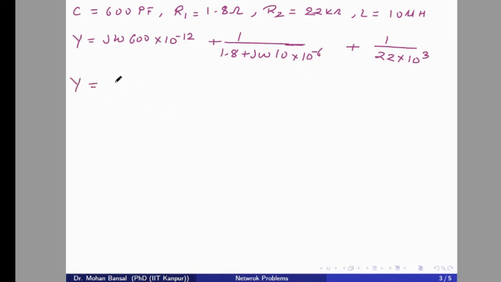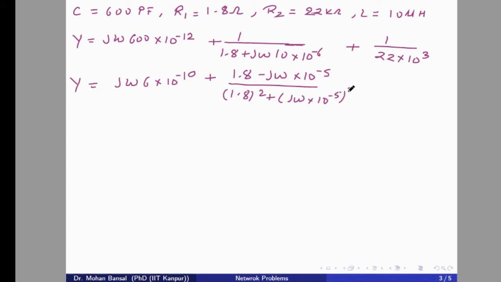We get Y equal to j omega 6 into 10 to the power minus 10 plus 1.8 minus j omega into 10 to the power minus 5 divided by 1.8 squared plus the square of omega into 10 to the power minus 5, plus 1 divided by 22 into 10 to the power 3.